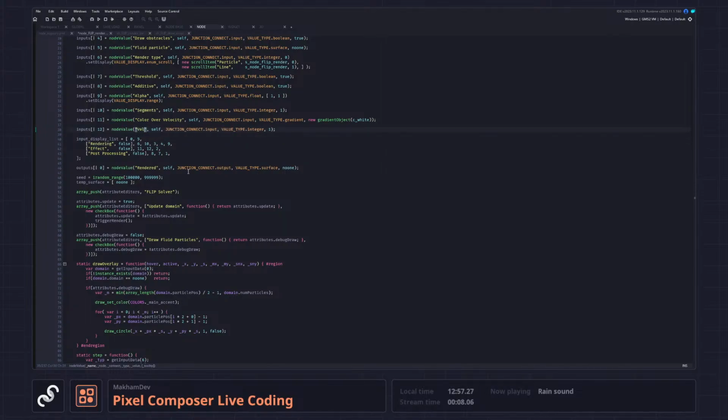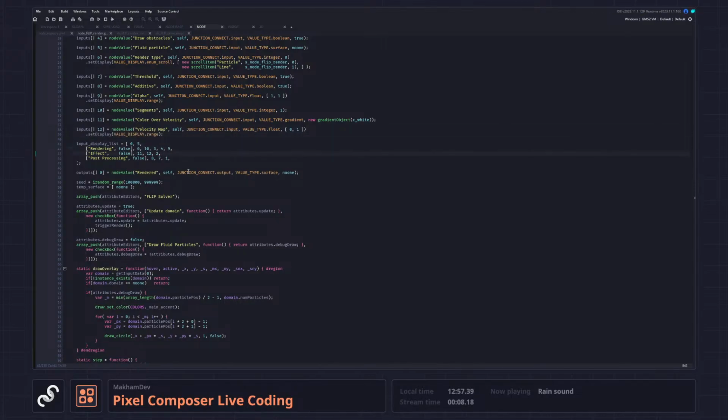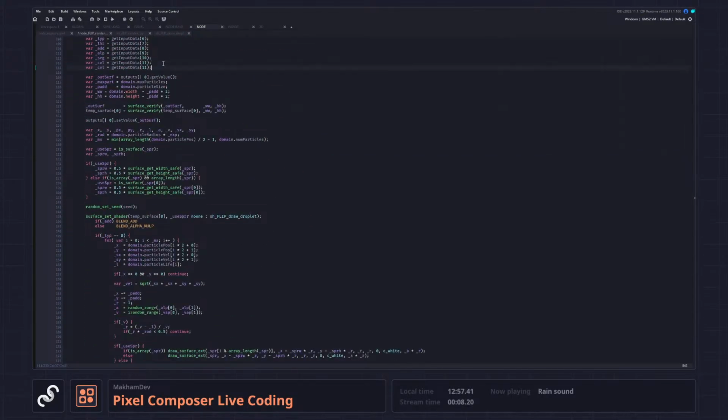So we say velocity map, float, 0, 1 range, VLR velocity range.